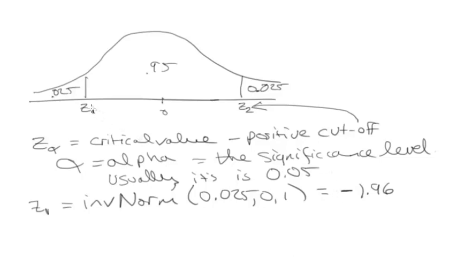And because of symmetry, this is 1.96 below the mean, so this thing must be 1.96 above the mean because the center is at 0. So the positive z value, also known as our critical value, z sub alpha, is equal to positive 1.96. So that made it easier to find. So it turns out that we're not talking about 2 standard deviations above or below the mean.